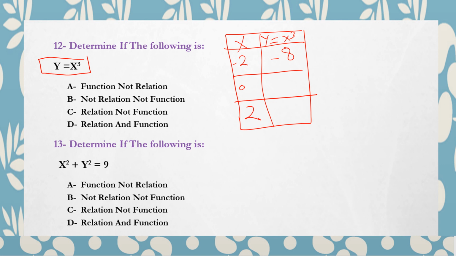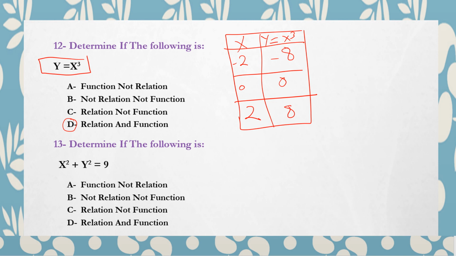And by substituting 0, we get 0, and 2, we get 8. So here each value of x, or each element in the domain, corresponds to only one value in the range, or one value of y. So this is a function, and the correct answer here is D. This is a relation and function.